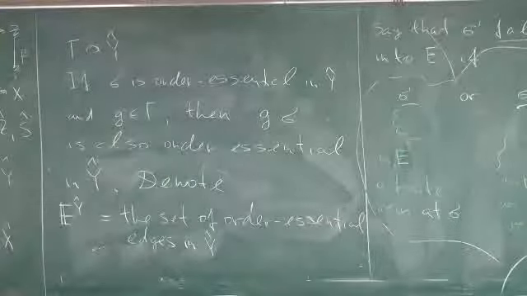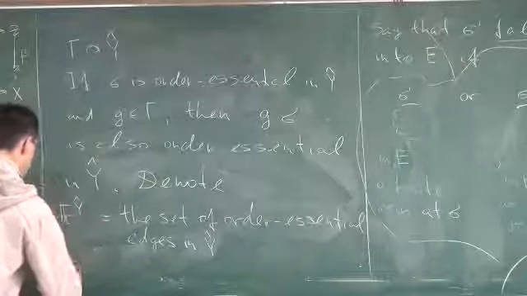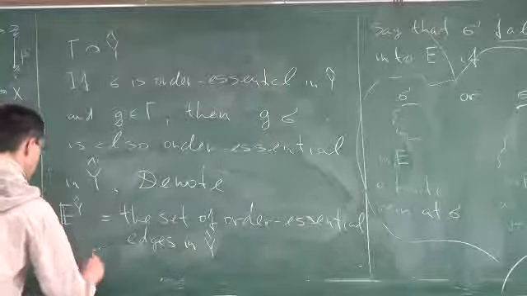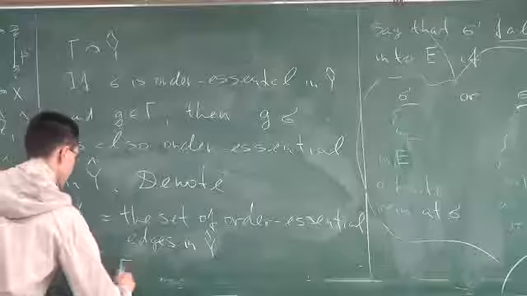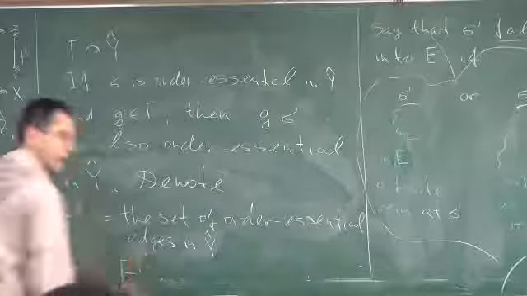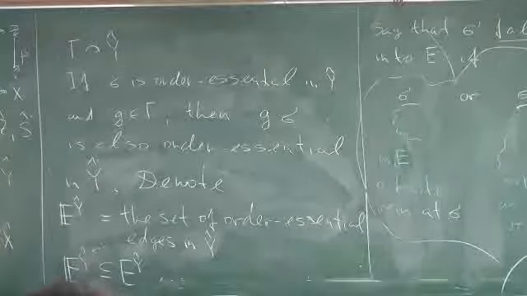What can we say about it? This is a subset of the set of all edges in y hat, right? So what can we say from here about this set?